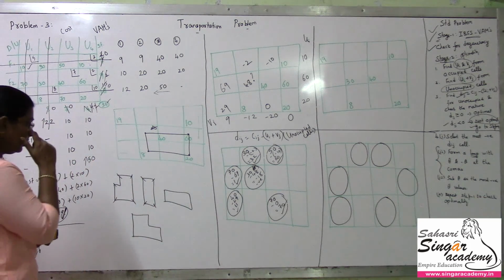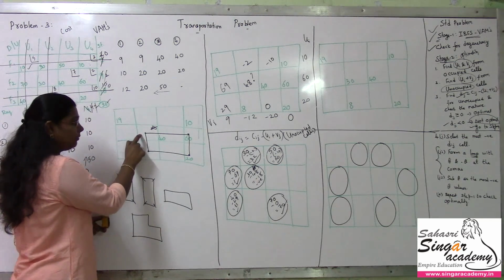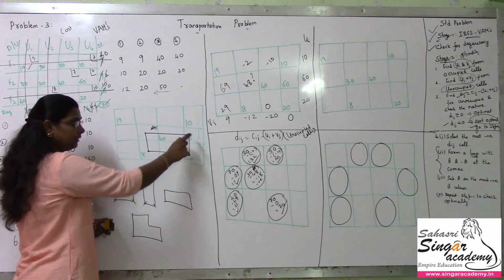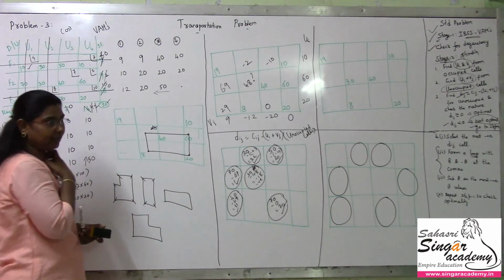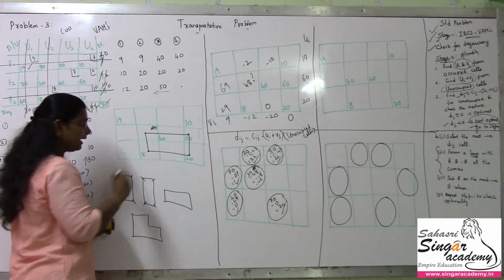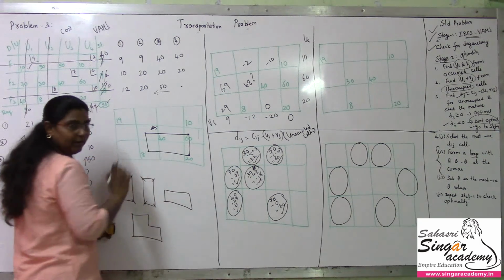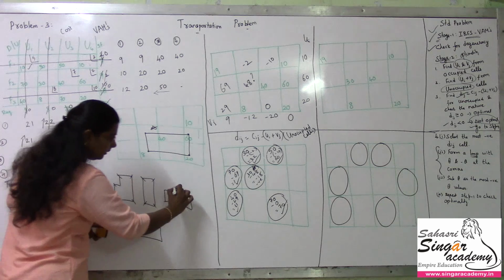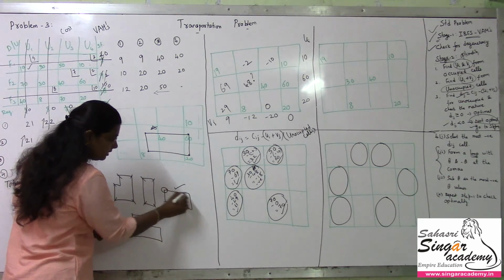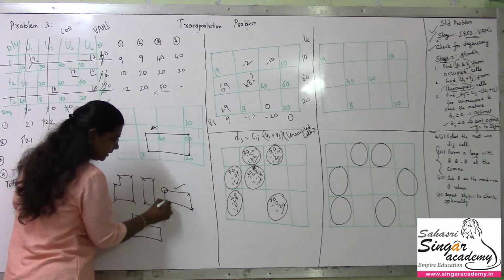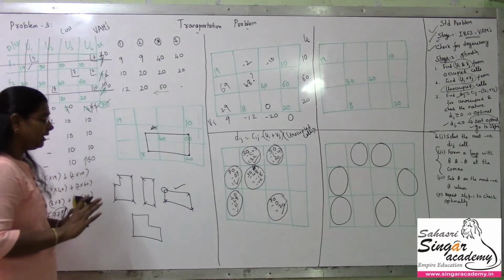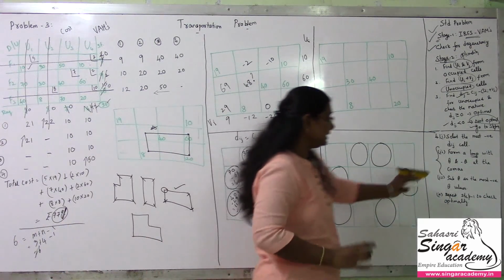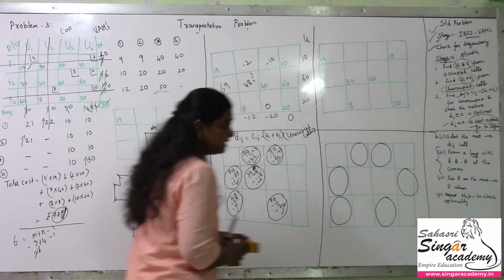So if you check here, I have this column which I am focusing for allocation, this cell. Here there is an allocation, here there is an allocation, here there is an allocation, right? So at the corners I have allocation and here I don't have allocation, right? See, here no allocation, here is an allocation, here is an allocation, here is an allocation. You can take it any way, but you should form the loop in such a manner that you have to assign theta and minus theta at the corners.